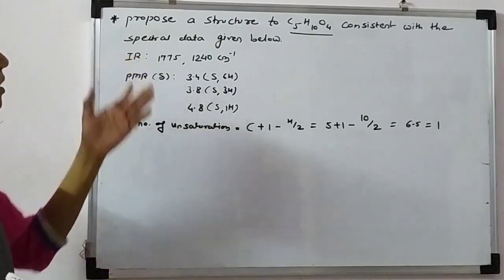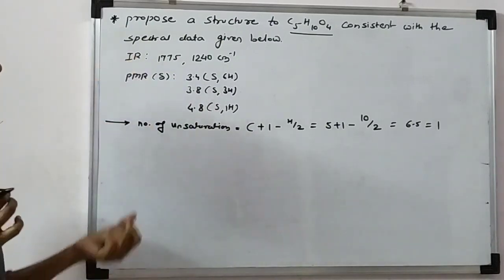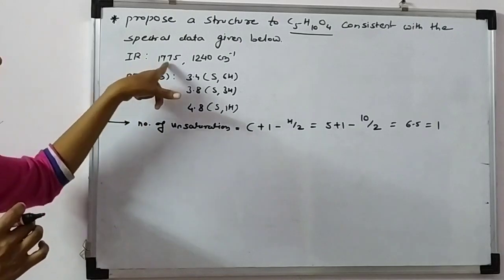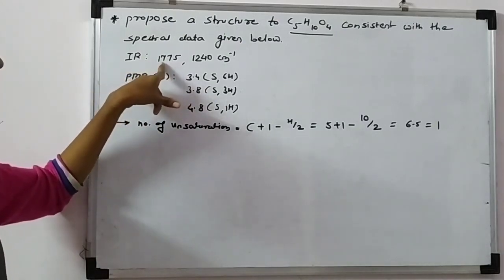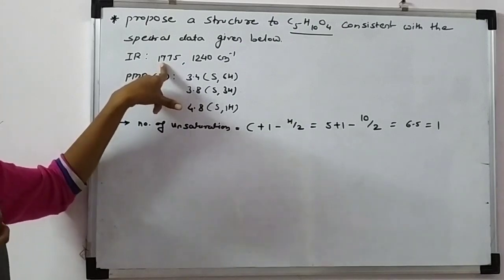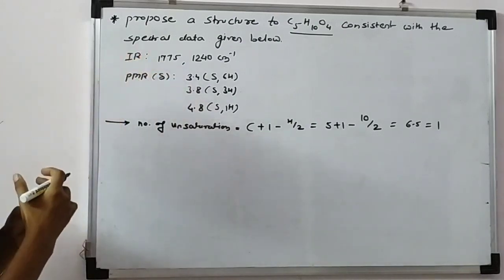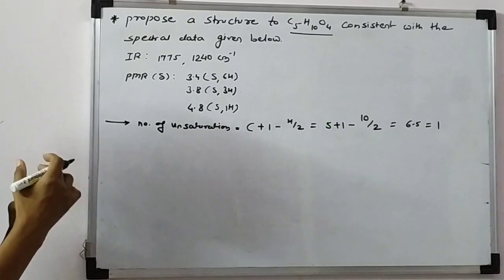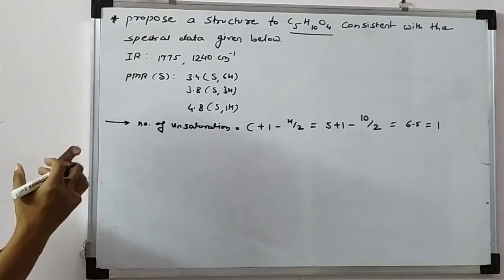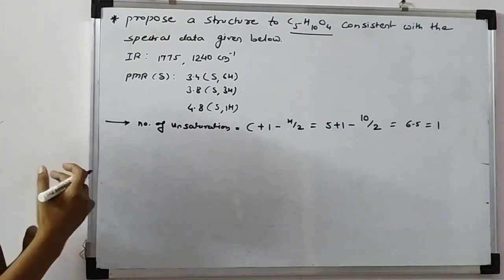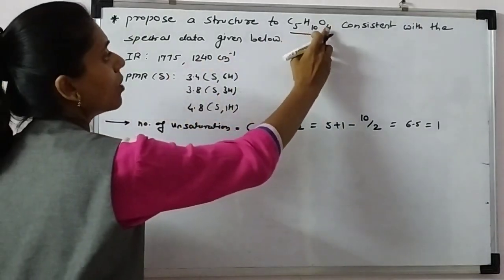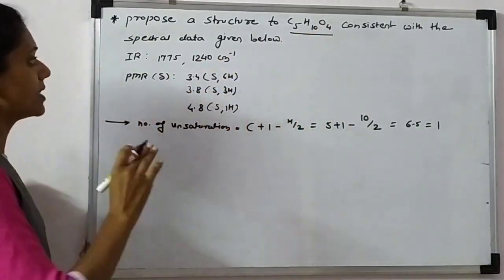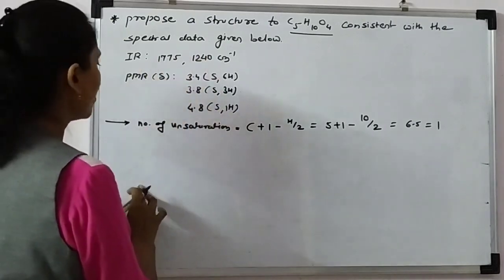That means it's the double bond region and it's a carbonyl group. Which carbonyl group is present? This IR frequency is of an ester. As the frequency increases beyond 1700, which is carbonyl, that means there is an ester group, and 4 oxygens are present in this molecule.